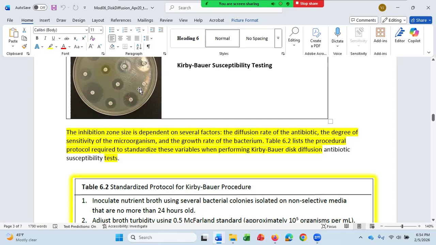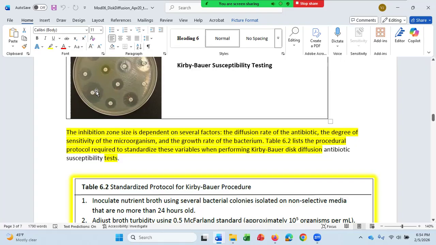It's also dependent on the growth rate of the bacterium and the concentration of the bacteria in the inoculum you put on the plate. The higher the concentration of bacteria when you first inoculate the plate, the smaller the zone of inhibition.